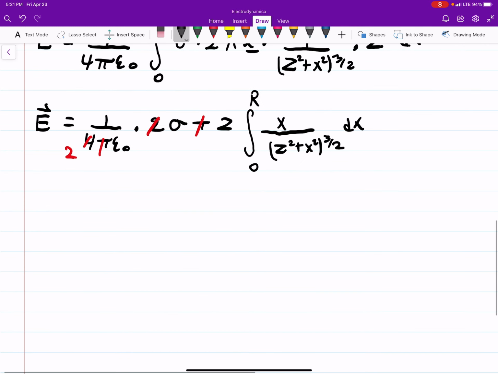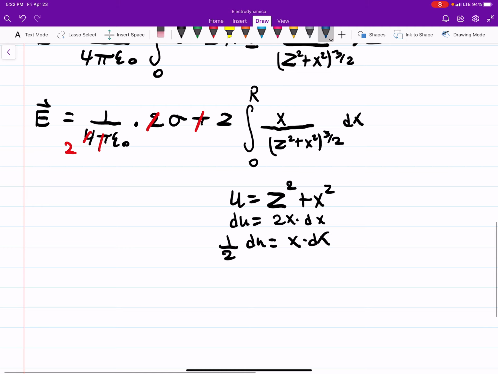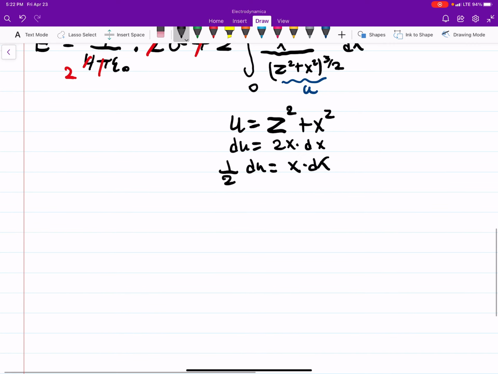Now, I'm not going to go through and solve this whole integral. It's just a very easy u-substitution. If you don't know, you let u be equal to z squared plus x squared, so that du is 2x dx, or 1/2 du is equal to x dx. So you substitute this as u, and this is 1/2 du. The point's not really to prove you can do a u-sub; you should be able to do that.